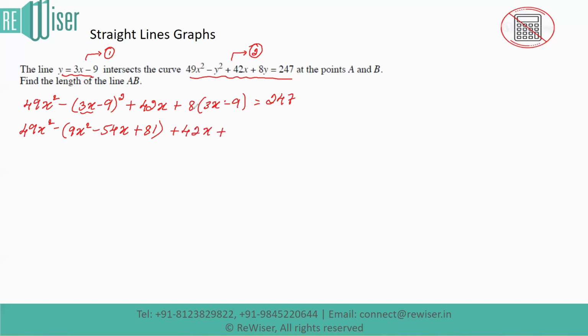Then if I multiply this, plus 8 times 3 is 24x, minus 72.